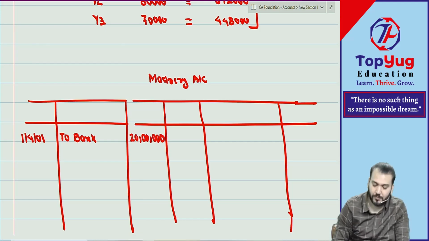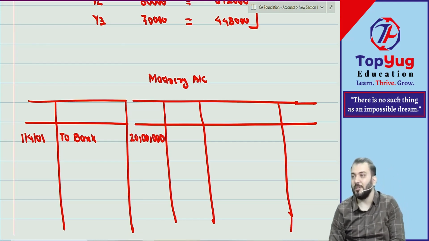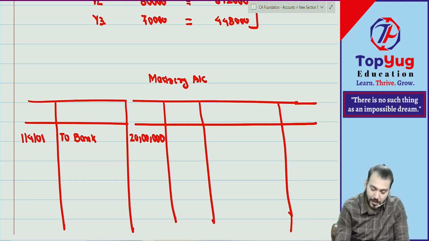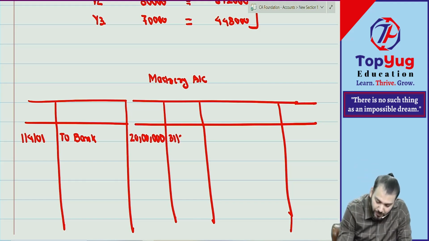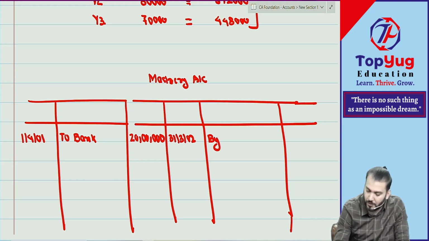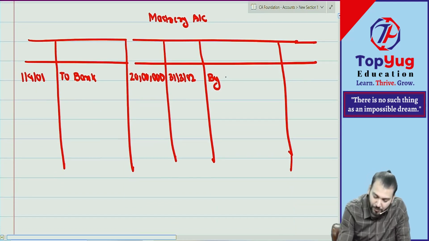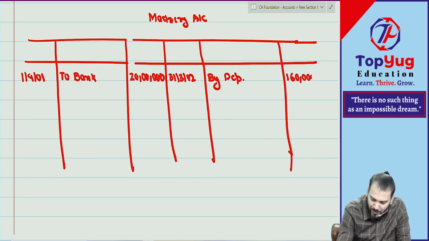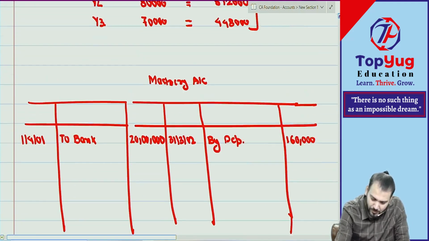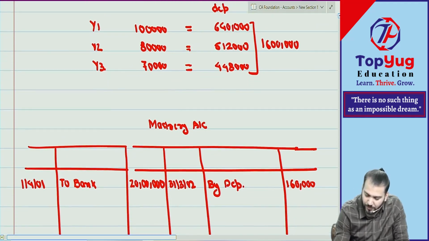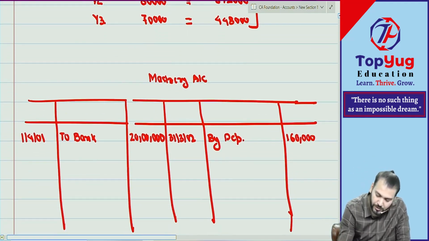So we'll do machinery account debit, bank. Then at year end, 31st March 2002, what journal entry will we do? Depreciation account debit, machinery. Now we write down by depreciation. Sorry, 6,40,000.